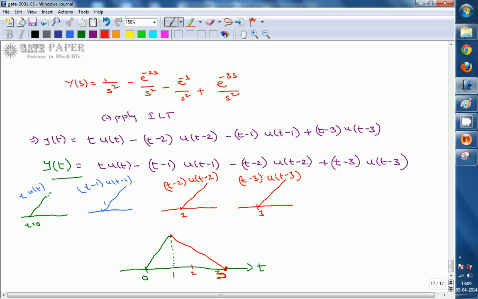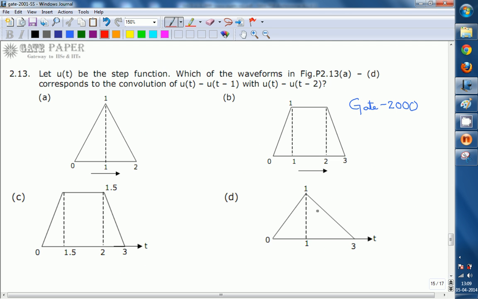Then finally we'll get the shape of y(t) like this. Then we can choose the options here. By choosing, option D is the correct one.